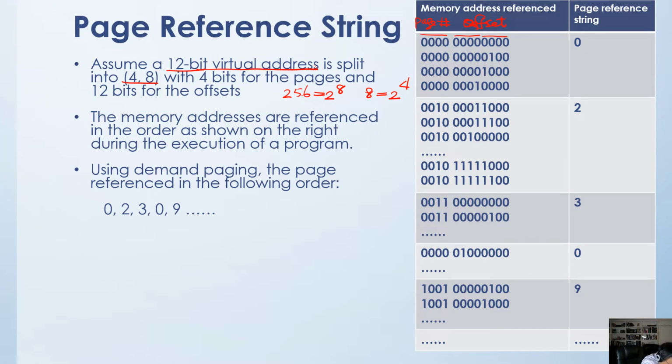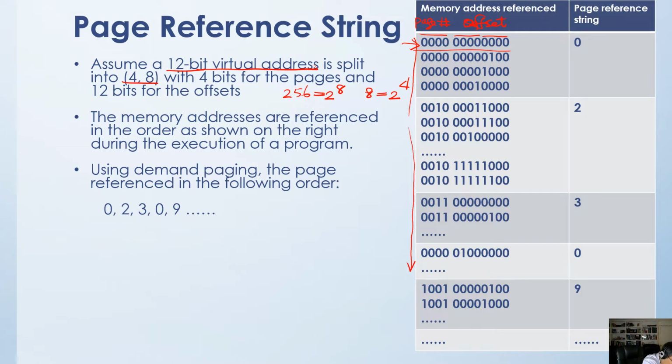Now, let's say that this is the sequence of execution. Each one represents a virtual address. So this program is going to start with virtual address 0000000, all 0s.